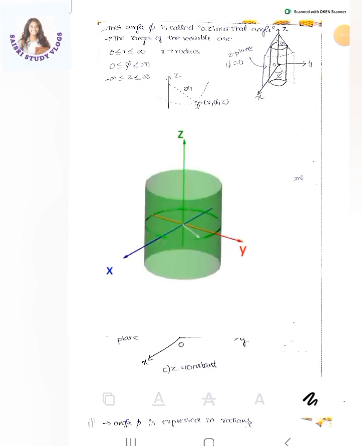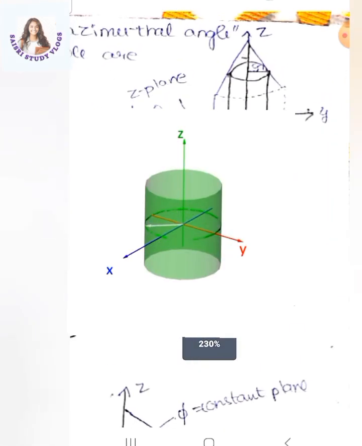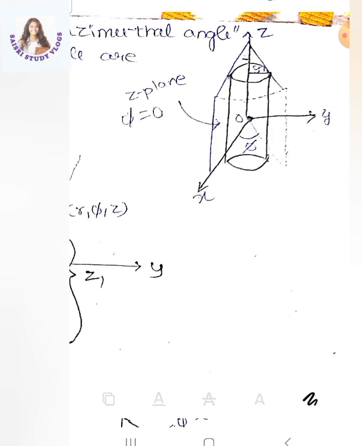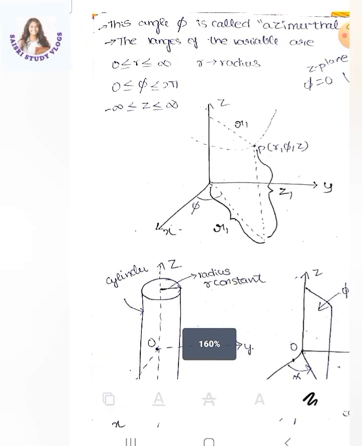As you can see here, this is the cylinder. The cylinder has some radius r, and this is the z-axis. In the Cartesian plane we have x, y, z, while in the cylindrical system we have r, phi and z. r is the radius, phi is the angle, and z is the normal z-axis.